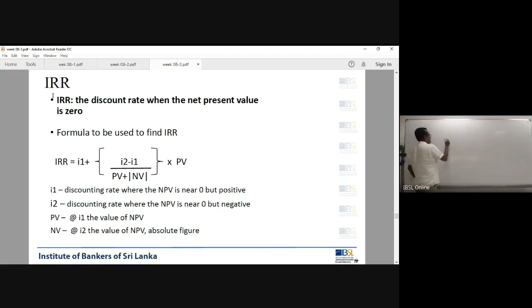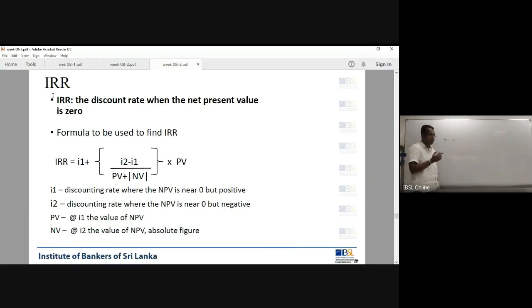IRR equals the interest rate where NPV is near 0 but positive, plus 1 I1.